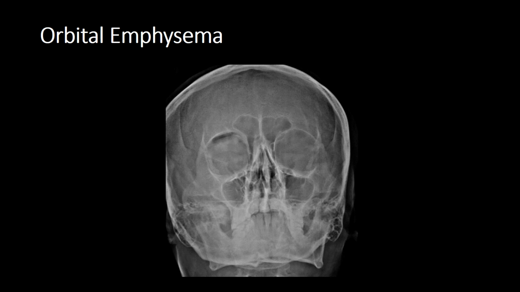Remember, air is black on an X-ray. So it is possible to get orbital emphysema and a teardrop sign on the same image. So you can have a black eyebrow, orbital emphysema by itself, or you can have a black eyebrow sign and a teardrop sign, or you can have just a soft tissue teardrop sign. So it could be any one of those three combinations.